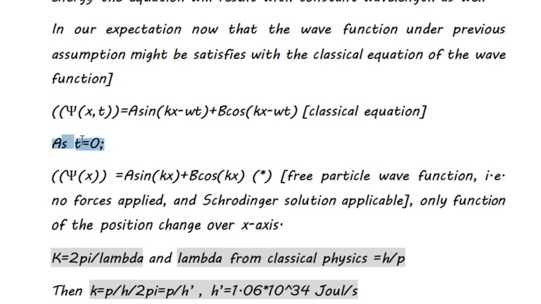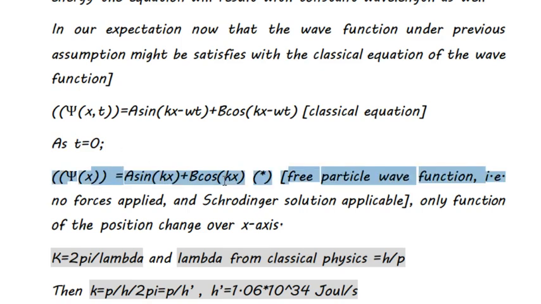In our assumption that it is independent of time, time equals 0. So this is how the equation would look like. This is equation number 1. It starts with constants a and b, where a and b are constant values, and these are the sine and cosine functions.